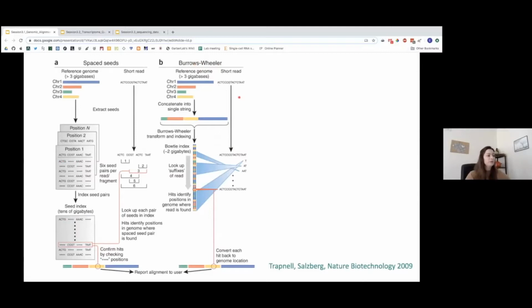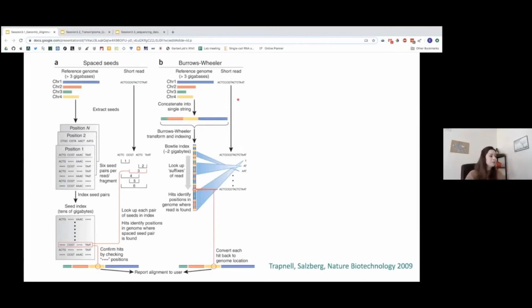If you're curious about how it works, I suggest giving it a quick Google. I'm not going to go into the details, but basically you take a string. In this case, your string is the entire human genome, and you create all possible combinations of it by rotating it one base.